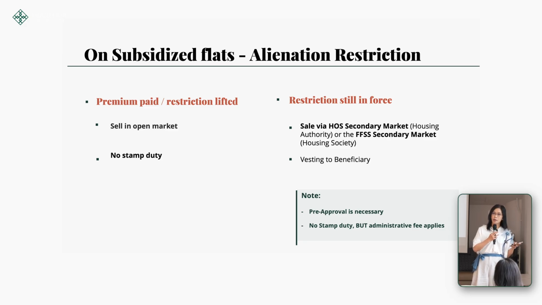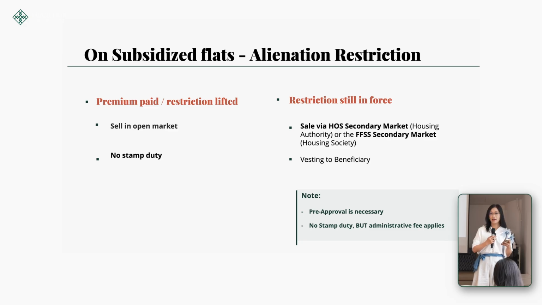There are two types of flat. One is from the Housing Authority secondary market, which means that you have to get approval from the Housing Authority before you can sell. The other one is the Flat for Sale secondary market. Again, you also have to get a prescribed form, pay the administrative fee, and get a clearance from the housing authority before you can sell it.